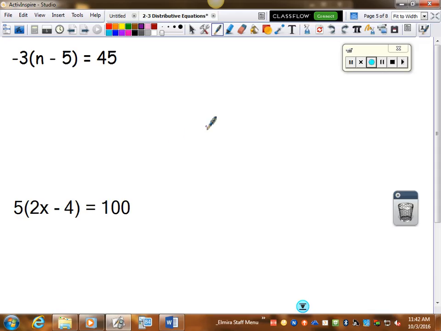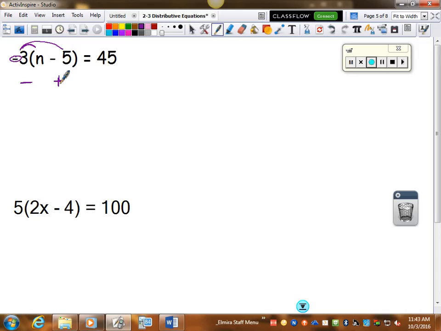Okay, so the next set of problems, again, I'm going to focus on the distributing, and then the basic two-step part. That's not the focus of today. So we've got a negative out in front. If you like to distribute the negative sign separately, let's do that. Negative times a positive is a negative, and a negative times a subtract is a plus.